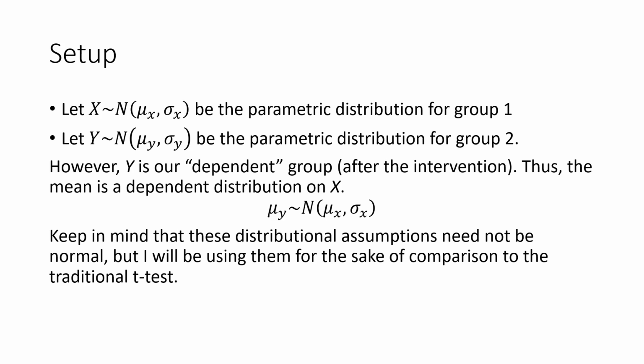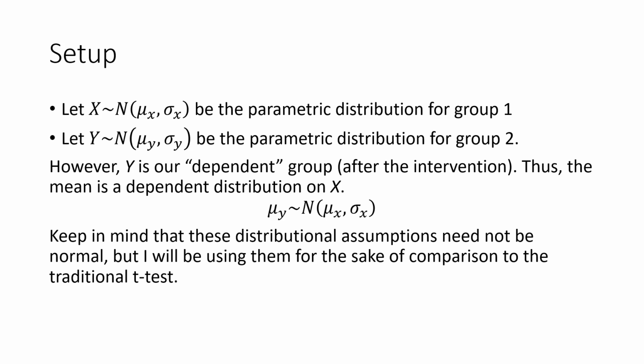I have two groups, x and y, and x follows some arbitrary normal distribution with mean mu x and standard deviation sigma x, and this is my parametric distribution for group 1. Likewise I have my y group with mu y and sigma y, and this is my parametric distribution for group 2.